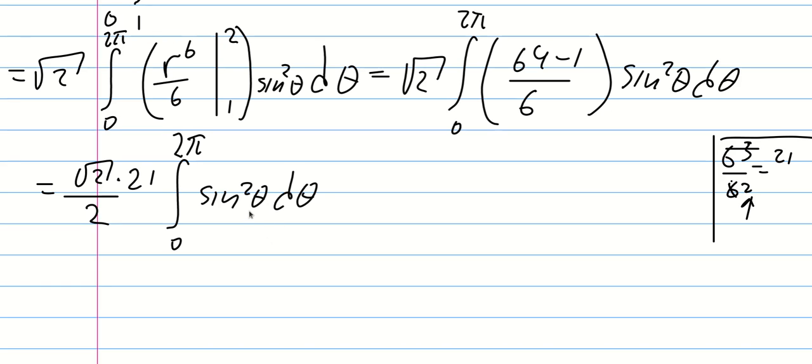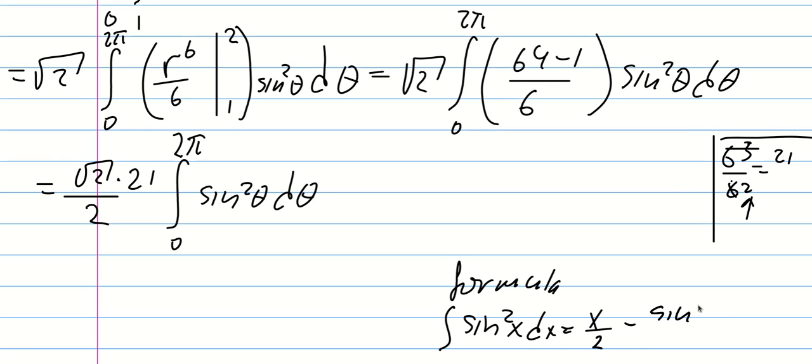The formula says that the antiderivative of sine squared of x dx is equal to x over 2 minus sine of 2x over 4 plus c.